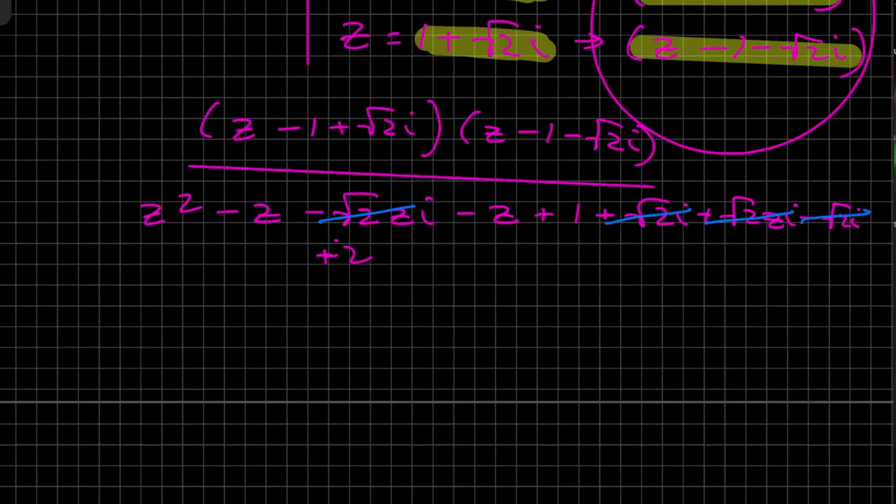So if we first write this a bit neater, we get z² − z − z + 1 + 2. Again, simplifying, grouping some terms, we get z² − 2z + 3 as our expanded form of these two factors. Now we've found our quadratic term.